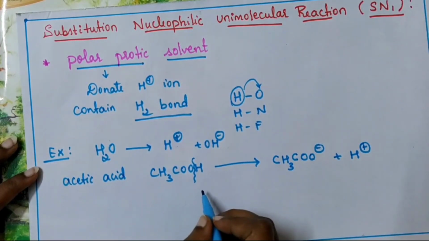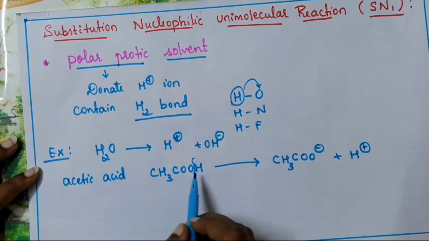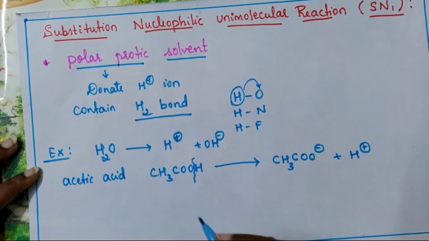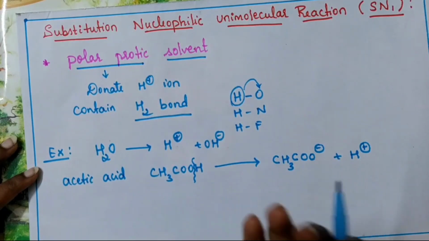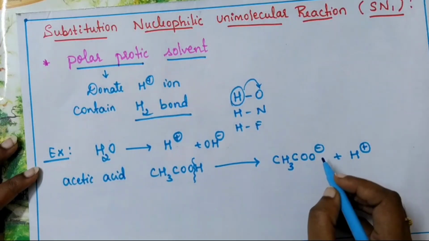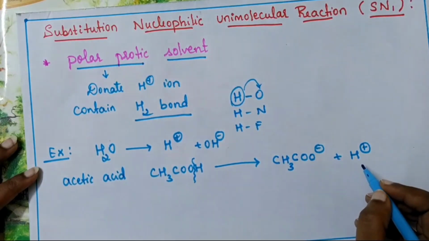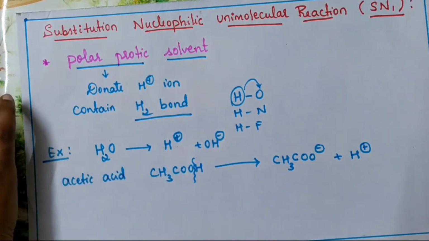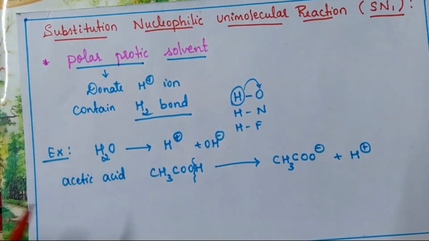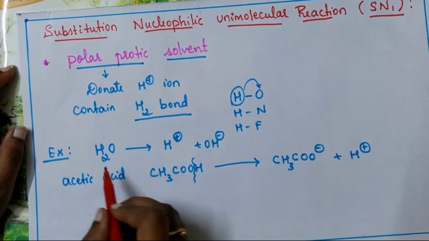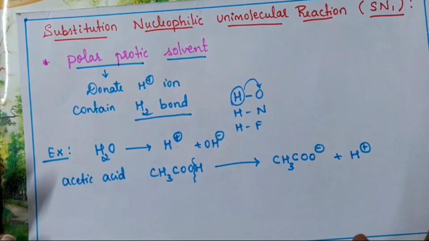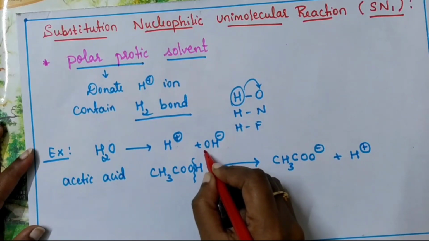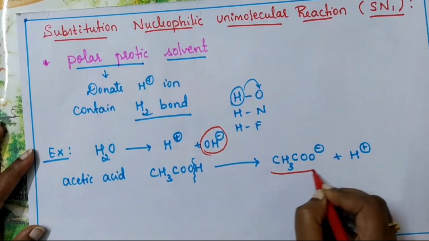So here also you can observe there is a bond between oxygen and hydrogen. So there is a presence of hydrogen bond in acetic acid. And also when it dissolves in water, or undergoes ionization, you can see it is going to donate H plus. Here you can observe one more very interesting point, that whenever this type of molecule undergoes ionization or dissolves in water, it is going to form a nucleophile.